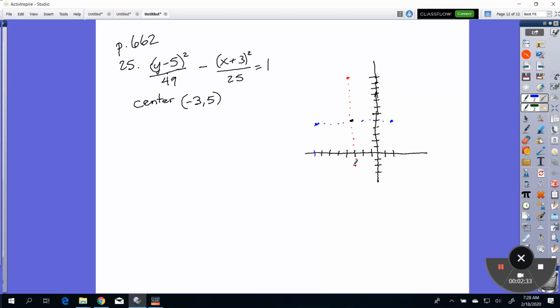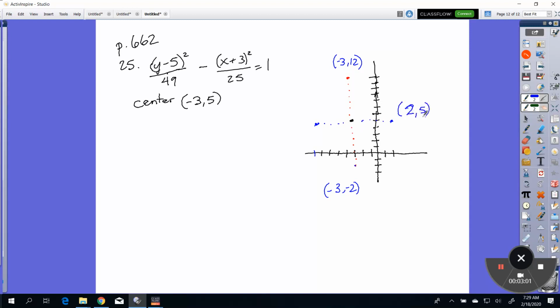So this one is negative 3, negative 2. Then 5, and we went up 7, so that's 12. So that's negative 3, 12. Then 1, 2, 3, 4, 5 over is positive 2.